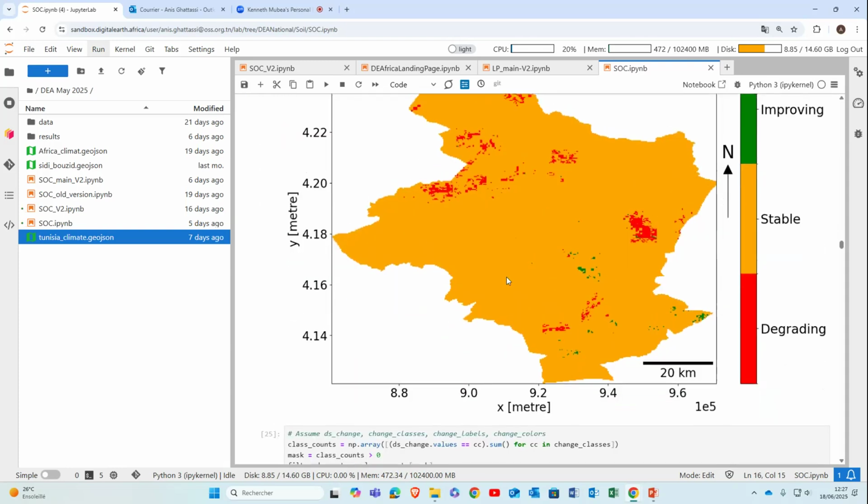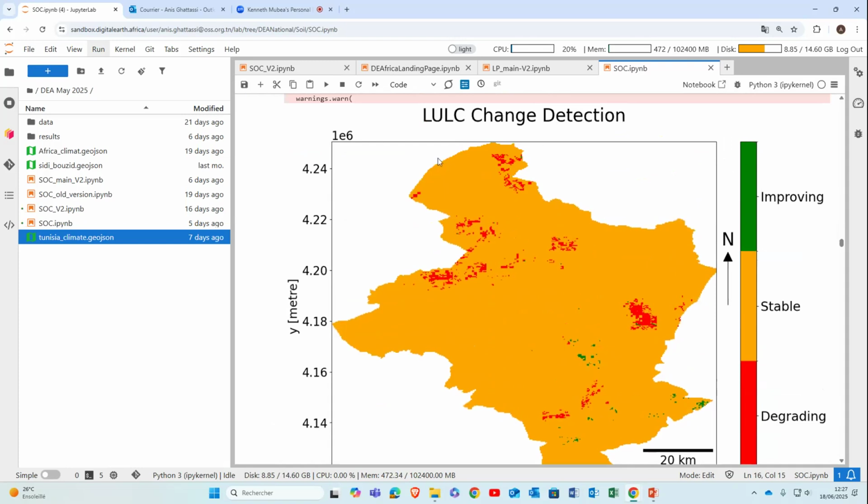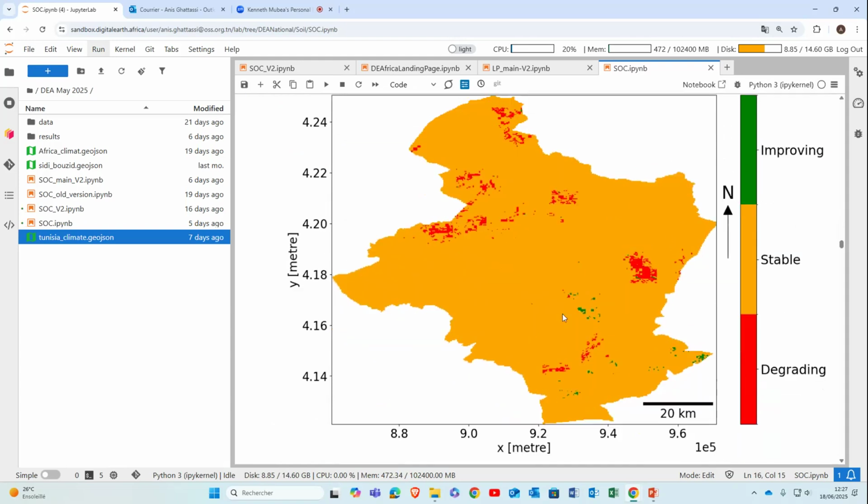As a result, we have this map, which shows the different changes in the two selected periods. Here we can see that we have 3 classes.